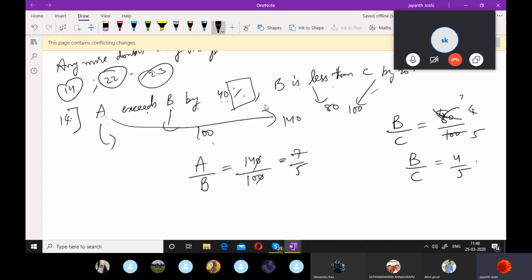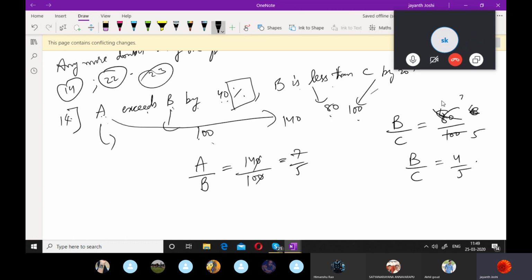A exceeds B by 40%, B is less than C by 20%. So I took B as 80 and C as 100, and I am getting B by C. Or else if we take C as 120 and B as 100, B is less than C by 20%.